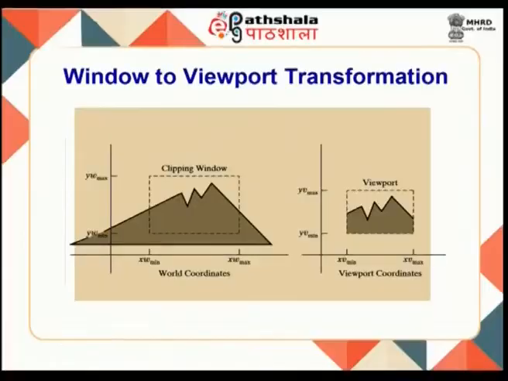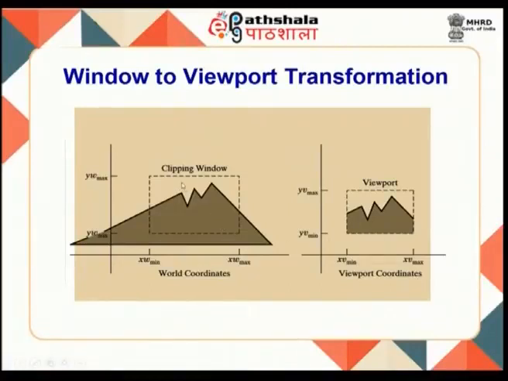That is what we are doing here. We choose a particular part of the world; this rectangle indicates the part of the world that we are interested in capturing, and this part is to be taken in the viewport. Viewport is where we want to see, window is what we want to see.